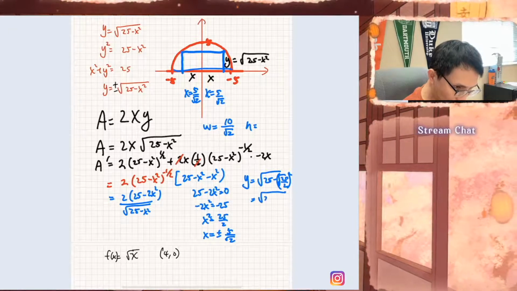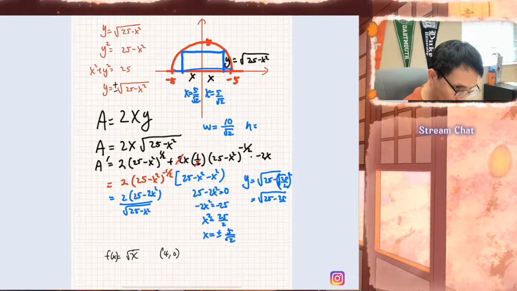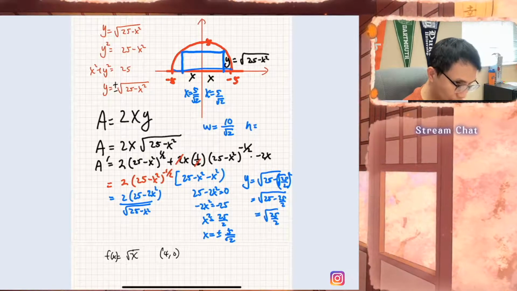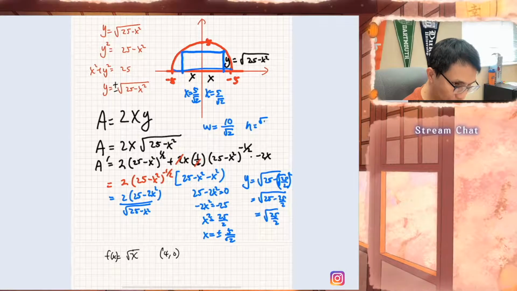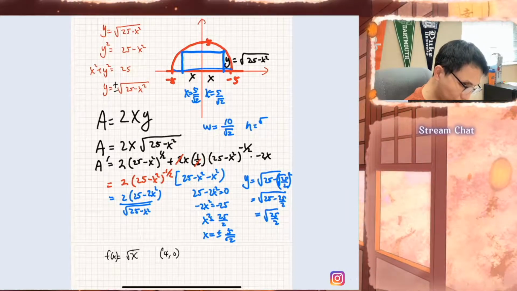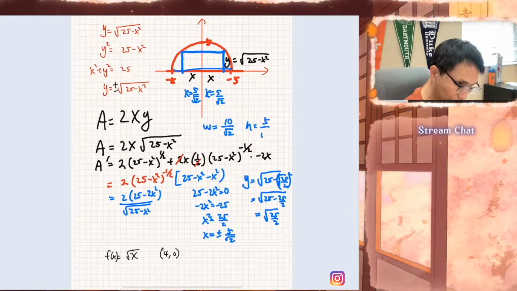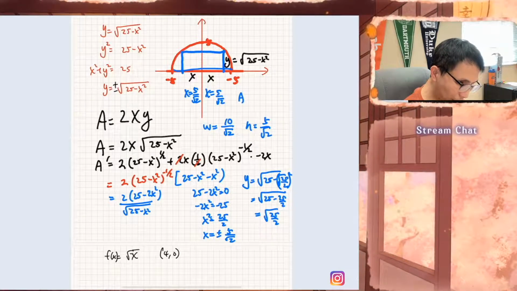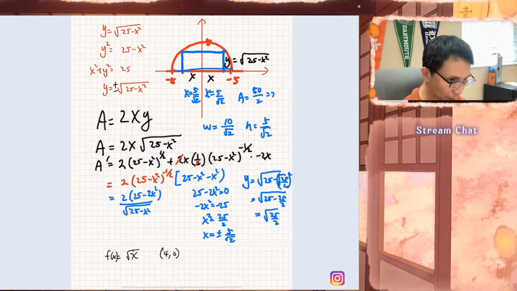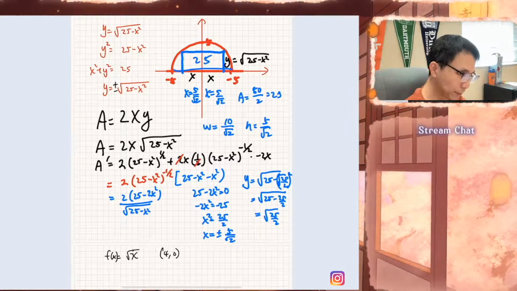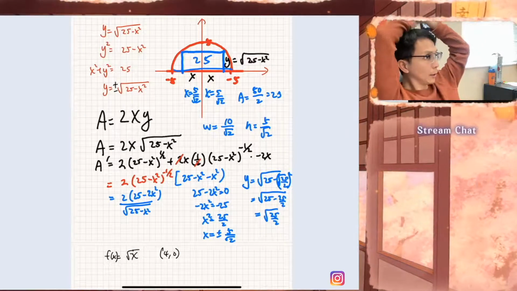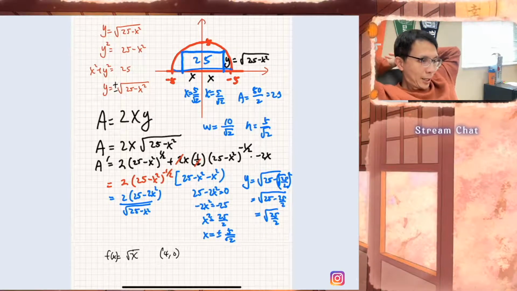That's the square root of 25 minus 25 over 2, which is the square root of 25 over 2, so it would be 5 over square root 2. And if you want to know the area, it's going to be 50 over 2, so it's 25. I just multiply those two, width and height, which is length and width in this case.